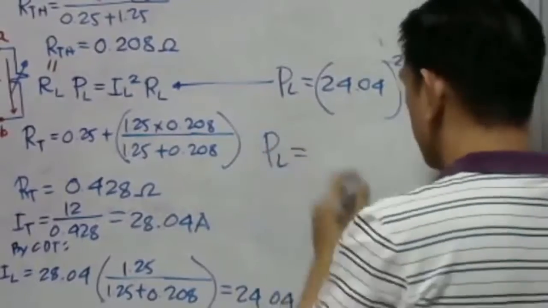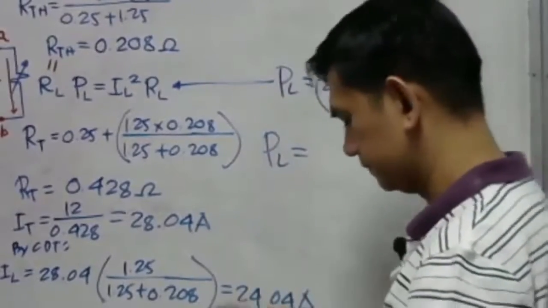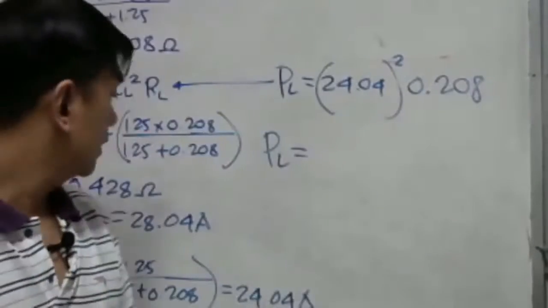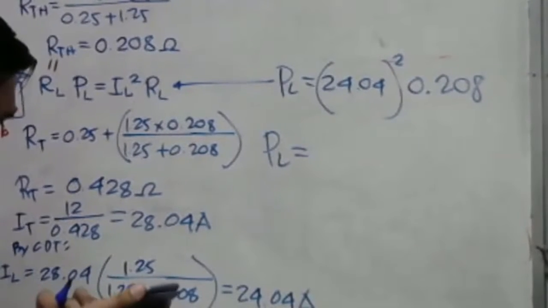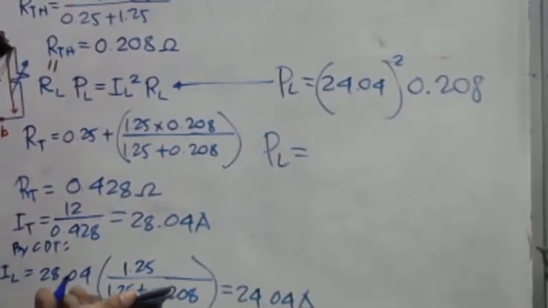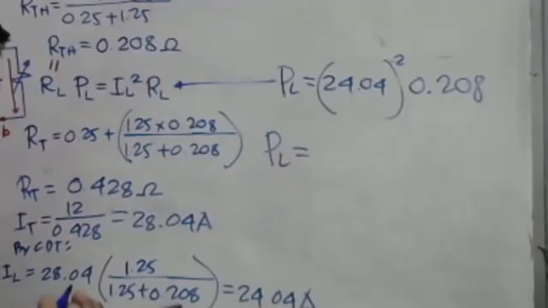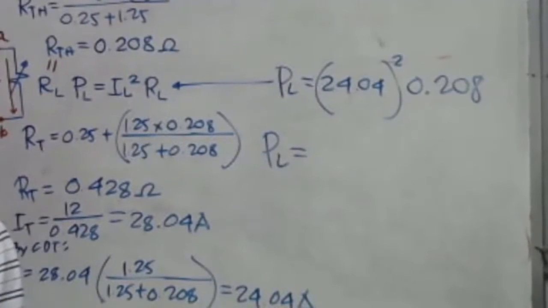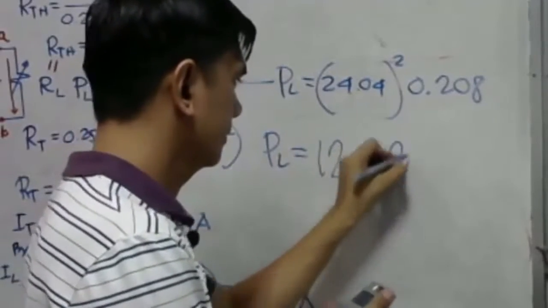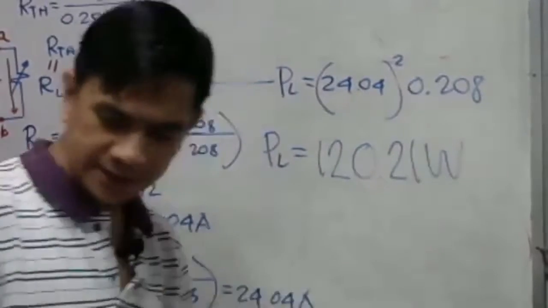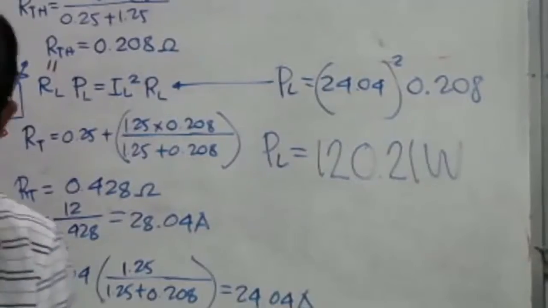So therefore, our PL is 24.04 squared times 0.208. That will be equal to 120.21. So that is our final answer.